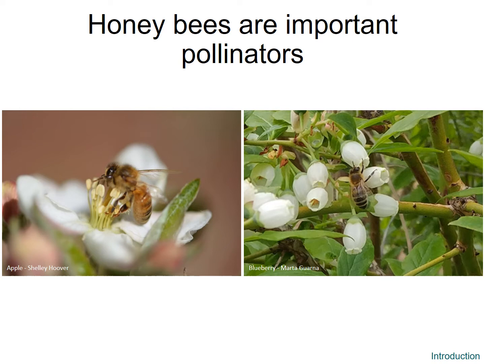Honeybees pollinate a variety of plants, including crops of economic importance, such as apples, blueberries, and canola. Honeybee productivity is dependent upon their health, which can be influenced by a bacterial community that resides in the gut, known as the microbiome.